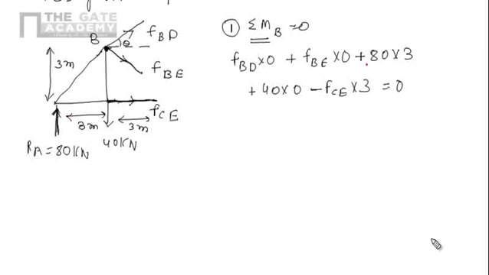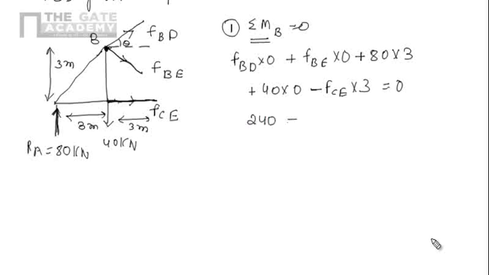So 80 into 3 and the moment is in clockwise direction. So it is positive. Due to 40 kilonewton, the line of action is passing through B, perpendicular distance is 0, so moment will be 40 into 0, that's 0. Due to this FCE, the perpendicular distance is 3, so FCE into 3 and direction is in anti-clockwise direction, which is negative. Now we can solve it.